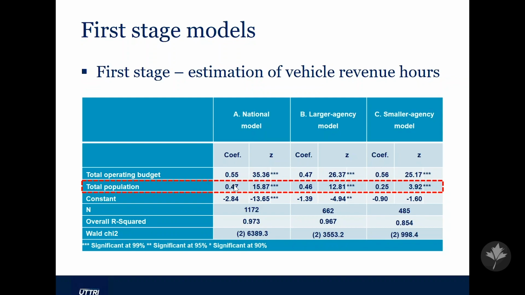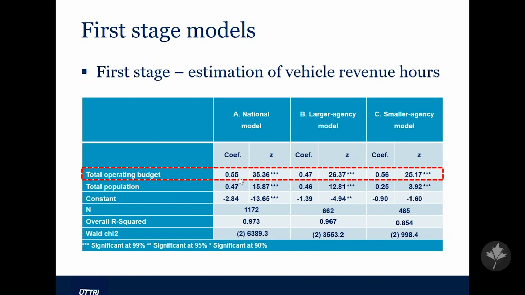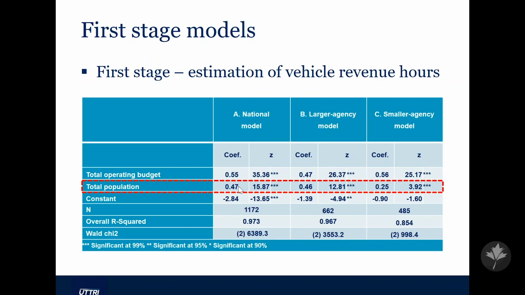Sorry, my colleague here corrected me. This is a supply model, so it's revenue hours as a function of operating budget and total population. Again, a 10% increase in operating budget would result in a 5.5% increase in revenue hours, and a 10% increase in population would result in a 4.7% increase in revenue hours.